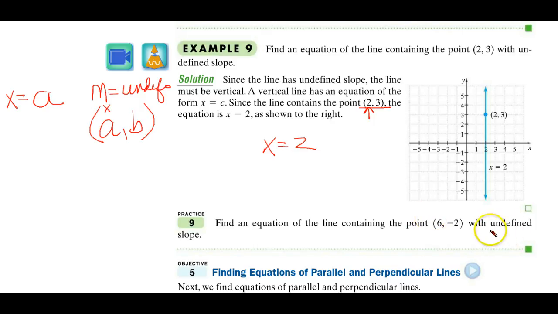Again, they're saying one with undefined slope is going to be x equals 6.